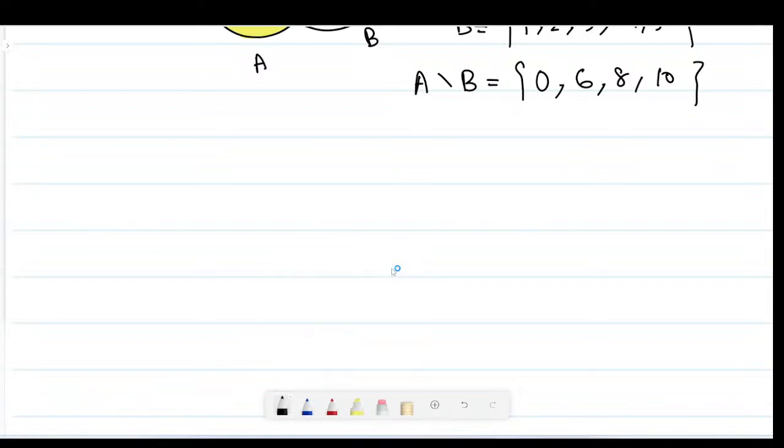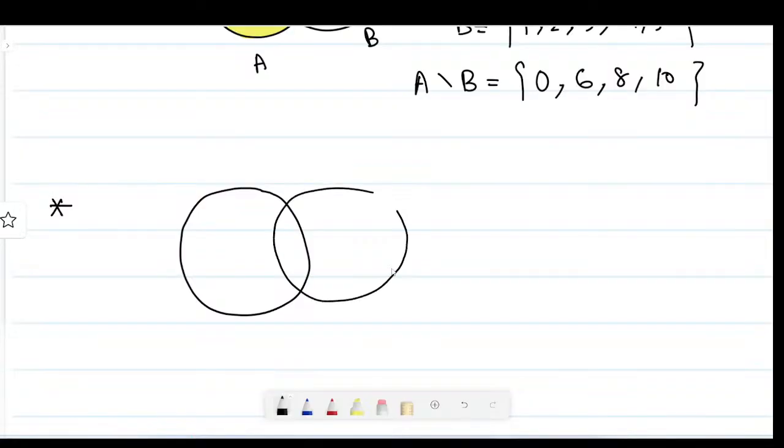Then there is another note about two sets, like that is A and that is B. So there are three parts in this Venn diagram.